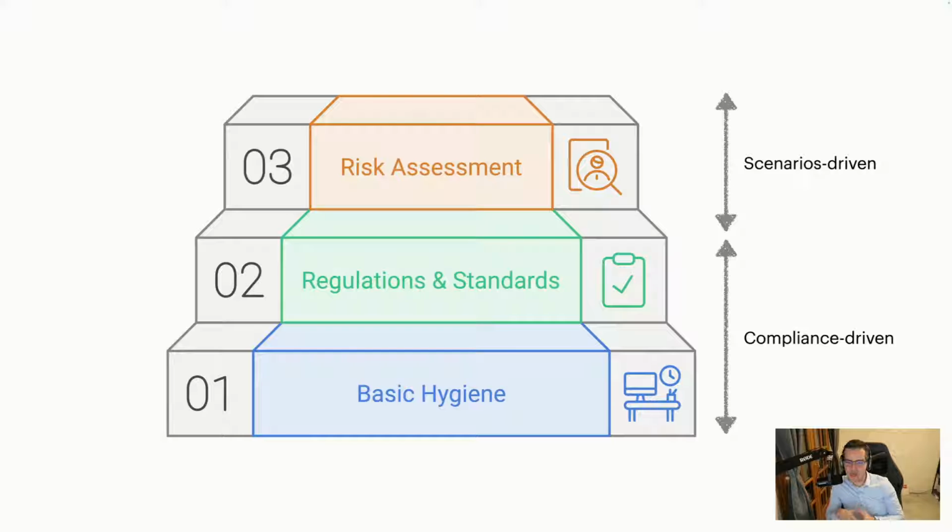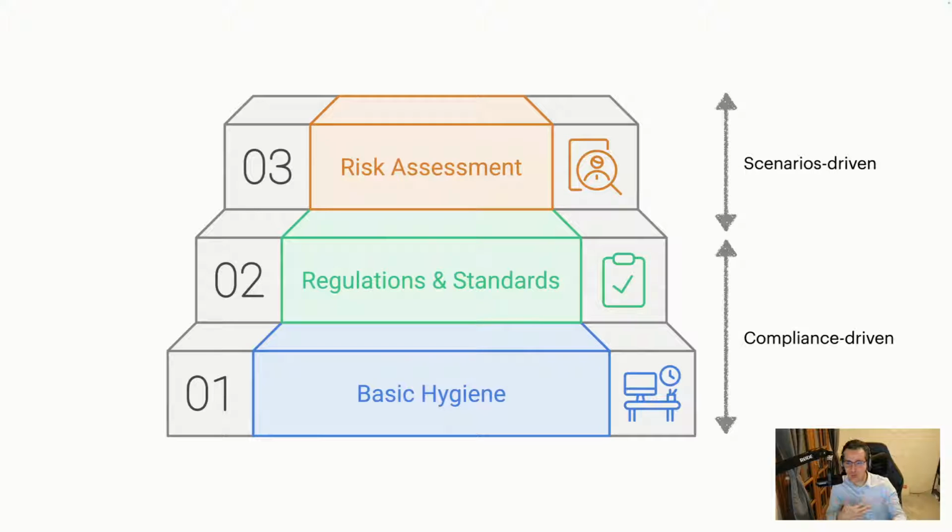The basic hygiene here stands for any framework out there in the industry. There are a lot of brilliant people who created solid frameworks. You can go with NIST, you can go with ISO, you can go with a lot of standard materials out there. Just don't reinvent the wheel and don't start on your own, and try to match that framework as basic hygiene for your baseline.